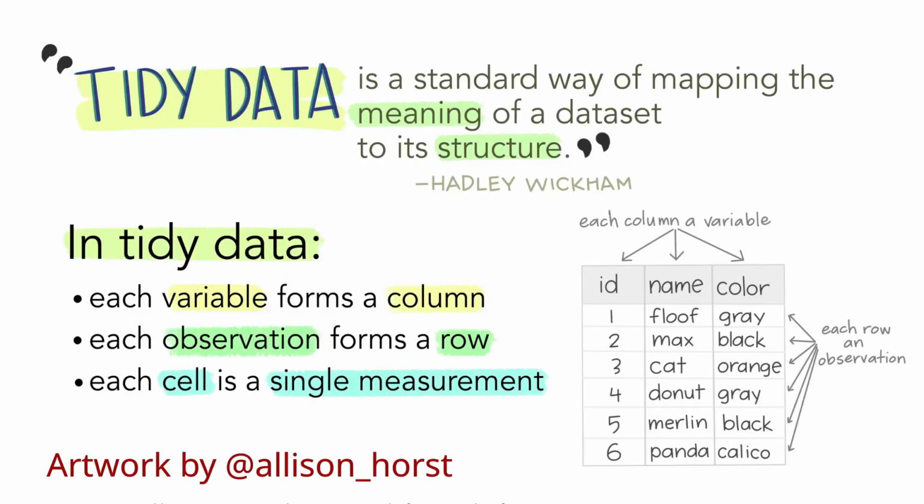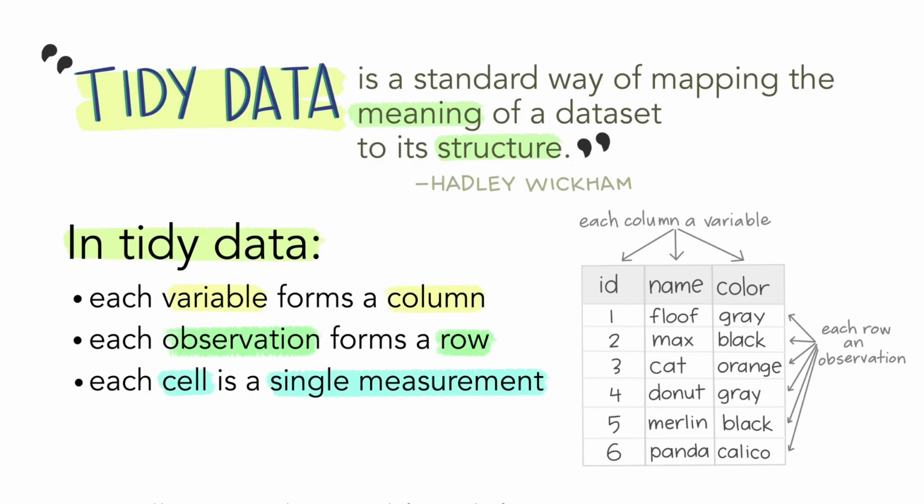And let's get started with another quote from Hadley Wickham. Tidy data is a standard way of mapping the meaning of a dataset to its structure. This is extremely powerful and not just a strange quirk that some data scientists have, although you will find some data scientists who absolutely insist on using only tidy data, even when it only makes limited sense.